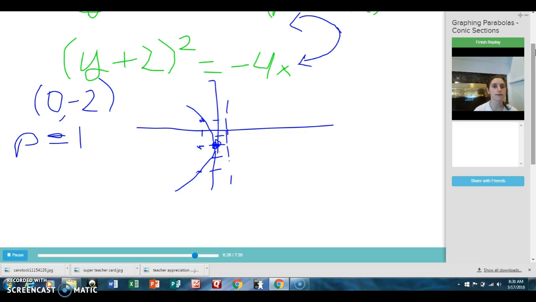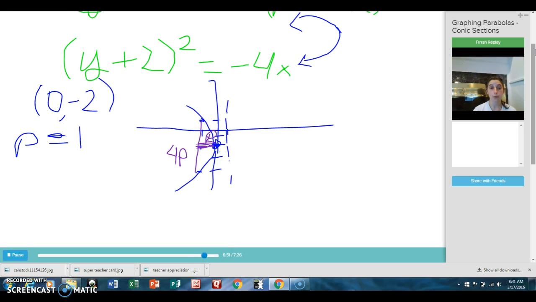All right, so let's mark this up a little bit. I want you to recall that the length from the vertex to the focus right here is p. That was that 1. And the distance between these 2 points here is the 4p. That's the 4.